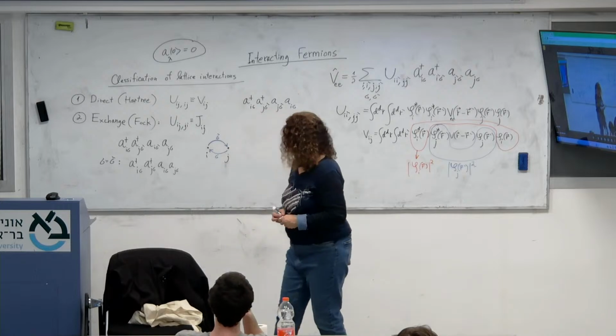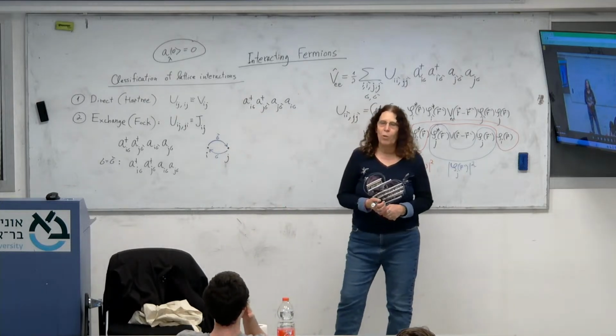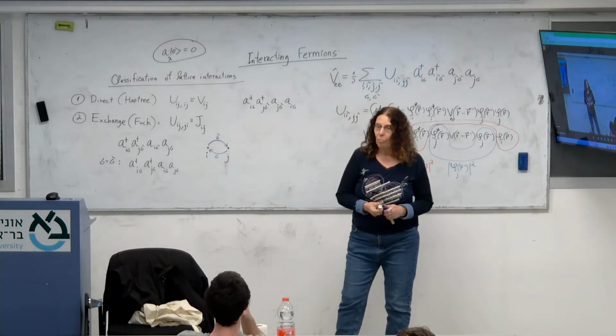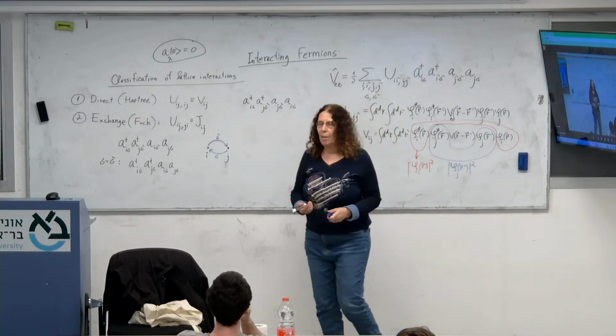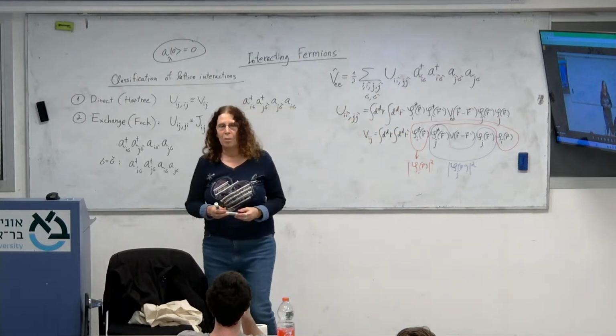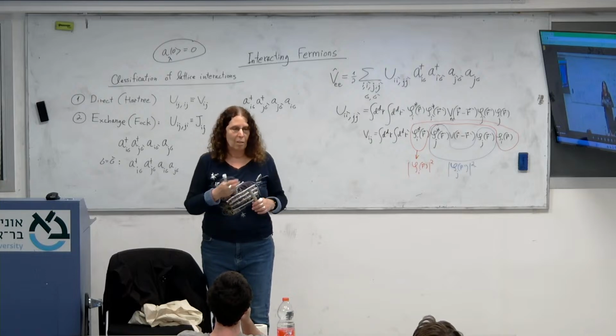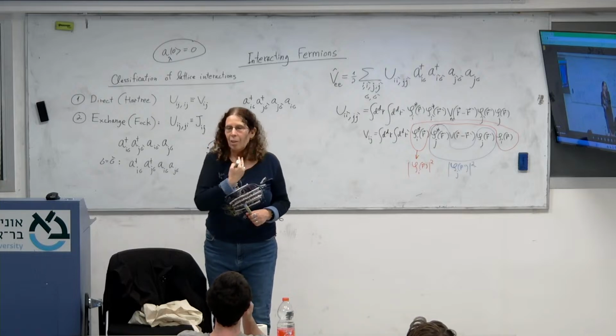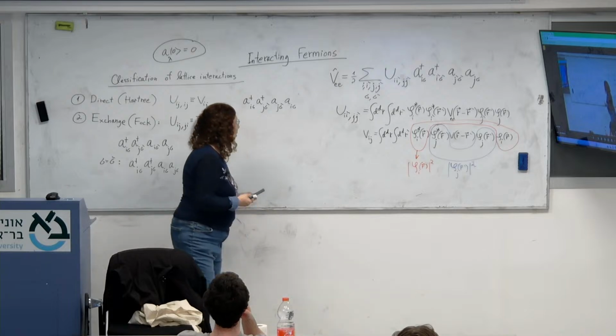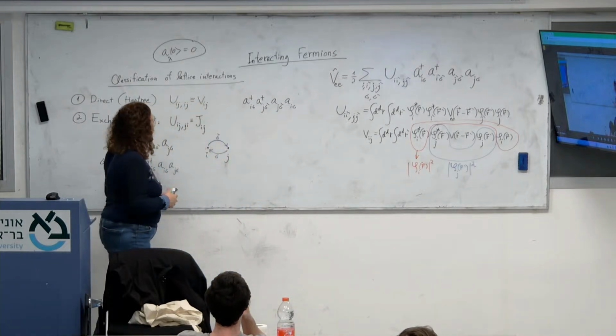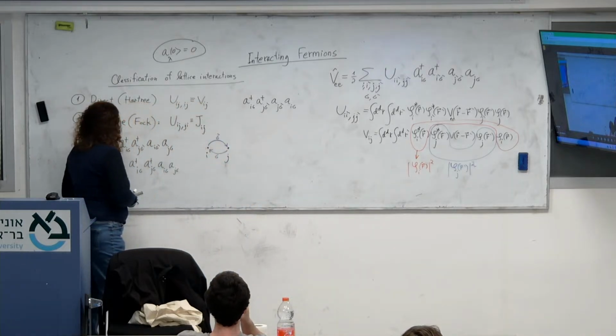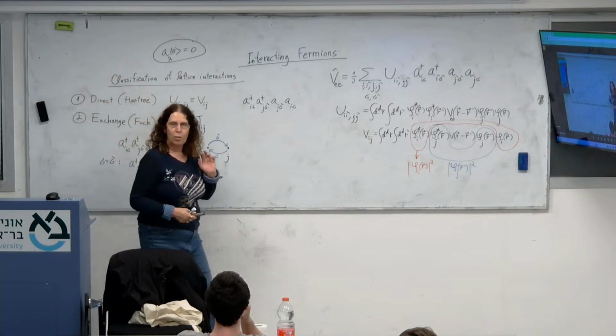But if the kinetic energy is for some reason suppressed, so if you have, for example, a crystal material with very narrow bands, that's a typical example, and you can have such situations in nature where the interaction is the dominant term.